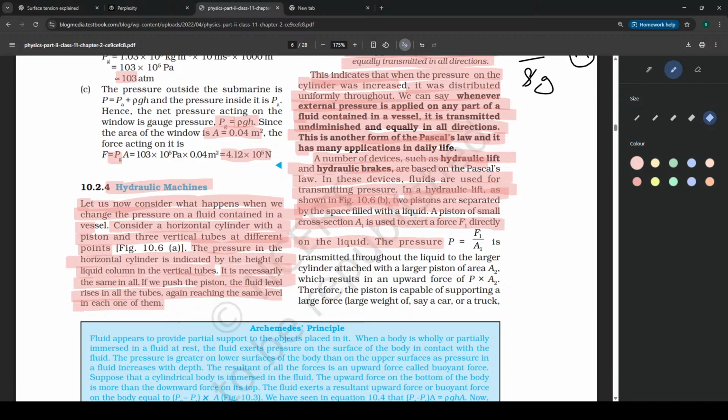The pressure P, which equals F1 by A1, is transmitted throughout the liquid to the larger cylinder attached with a larger piston of area A2, which results in an upward force P times A2. Therefore, the piston is capable of supporting a large weight, say of a car or a truck.